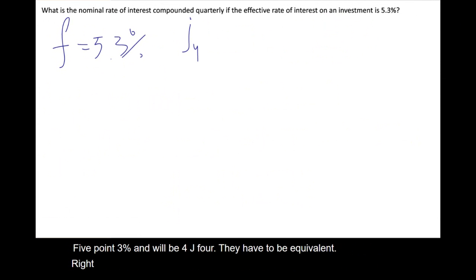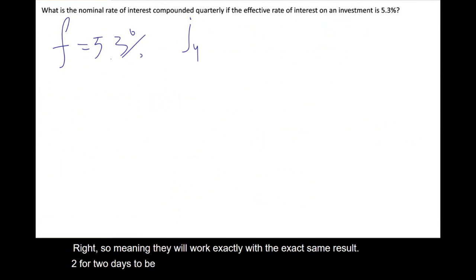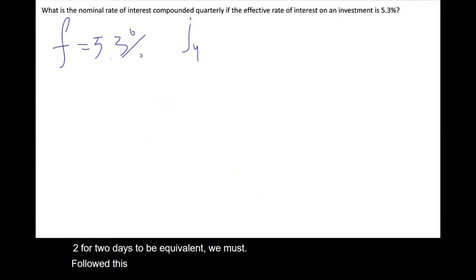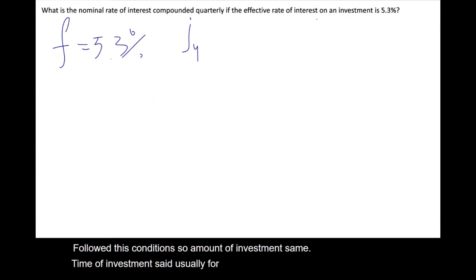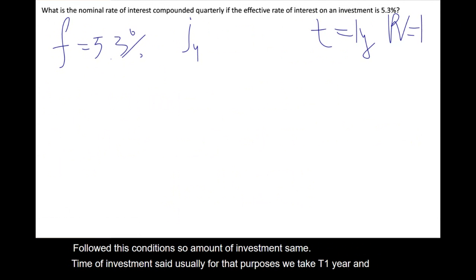So meaning they will work with the exact same result. For two rates to be equivalent, we must follow these conditions. The amount of investment is the same, the time of investment is the same. Usually for that purpose we take t as 1 year and present value as $1.